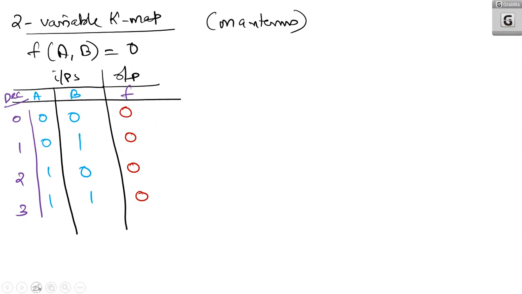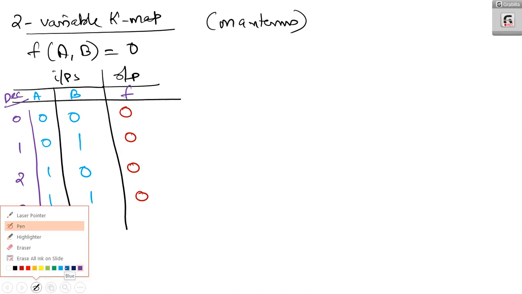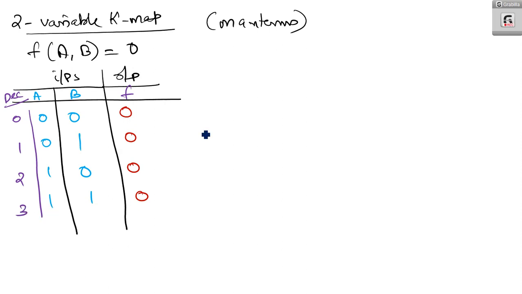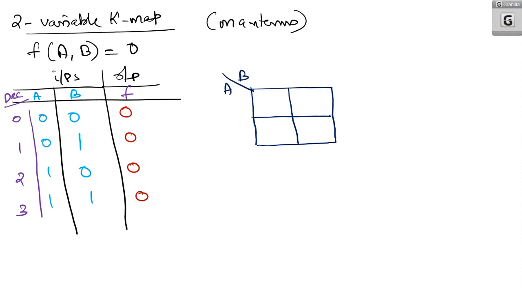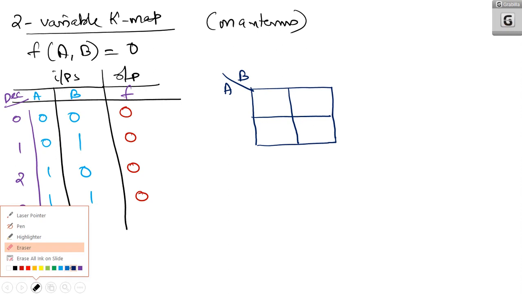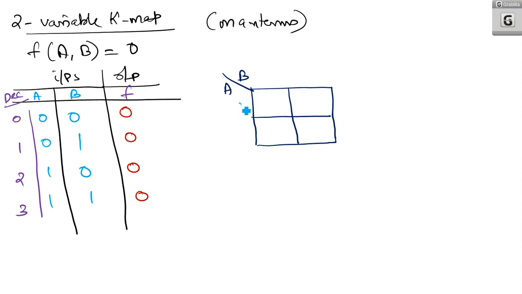Now to draw the K-map, I am having two variables, so I should get 4 cells. That means 2 rows and 2 columns. So here I am having A, this is B. I can take the values of A as 0 and 1, similarly B as 0 and 1.